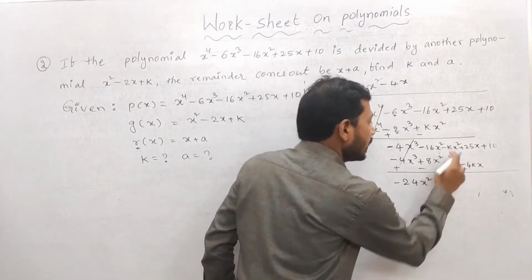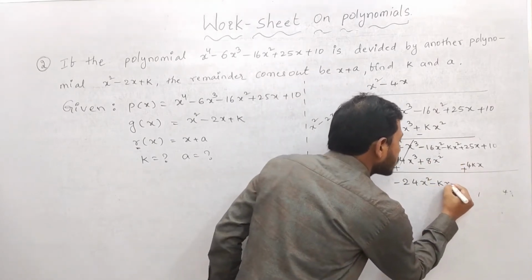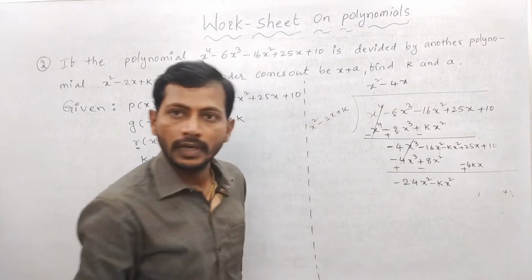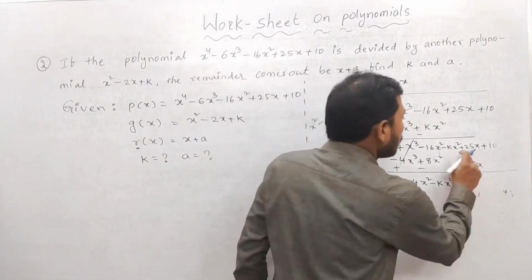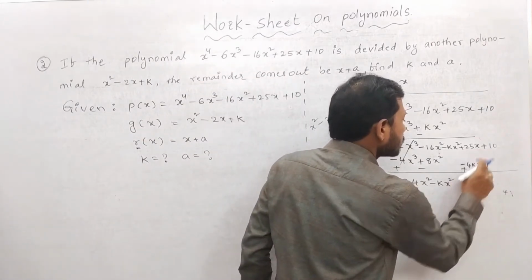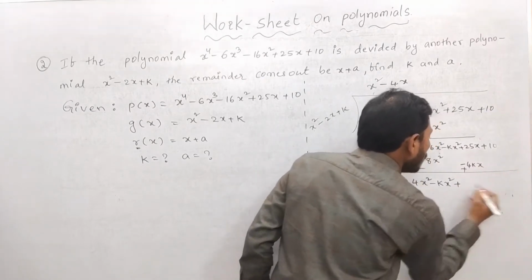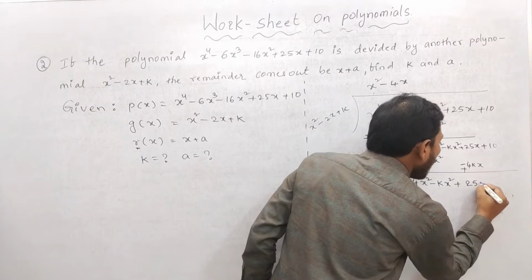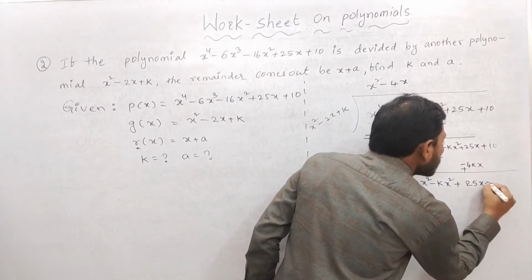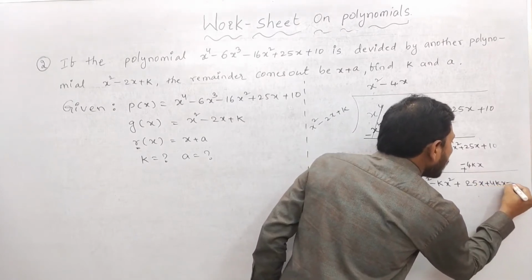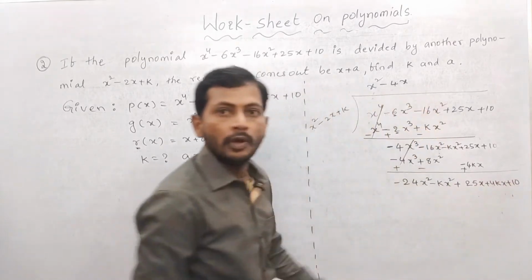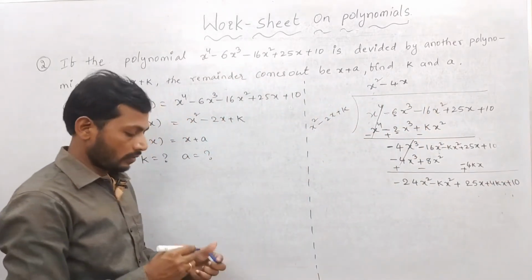And next what is there here? Minus kx square. Clear? And next one is plus 25x plus 4kx plus 10. I hope you are able to see that. Very good.